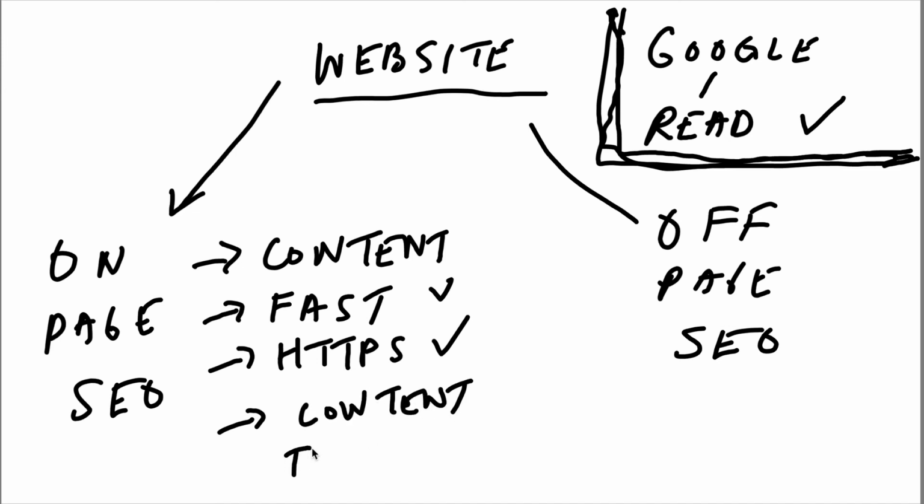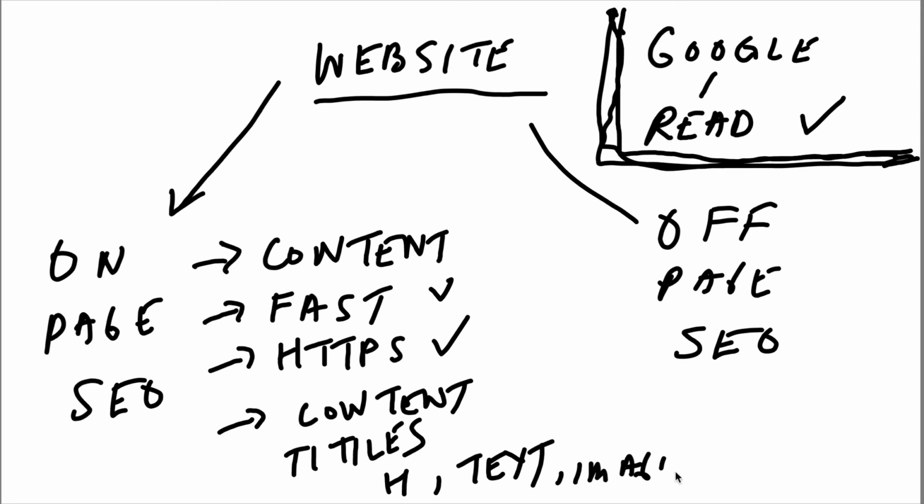We can optimize the titles, the headlines, the text on our pages, and the images and so on. So on-page SEO refers to our actual website: the content, the pages, the homepage, the titles, the headlines, all the things that are in the footer and so on.